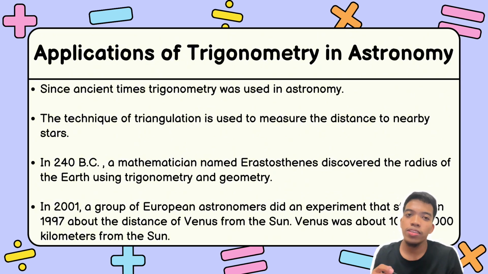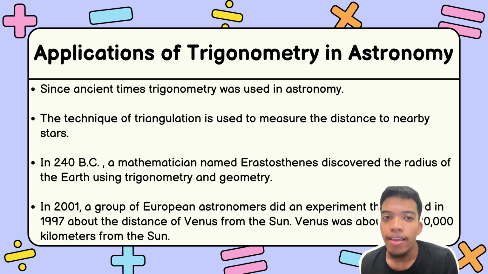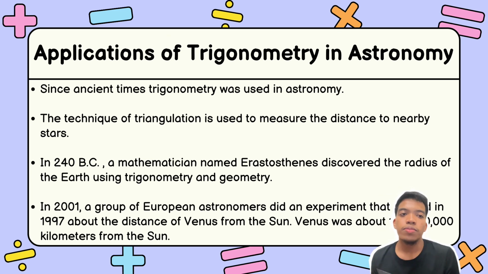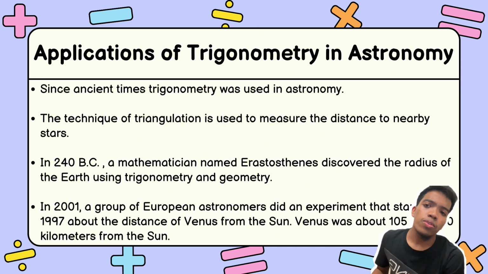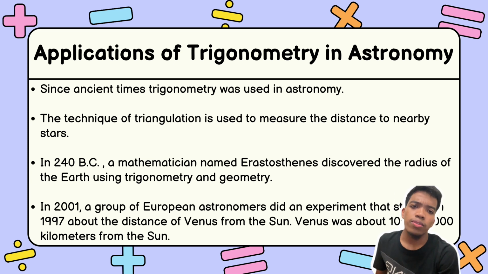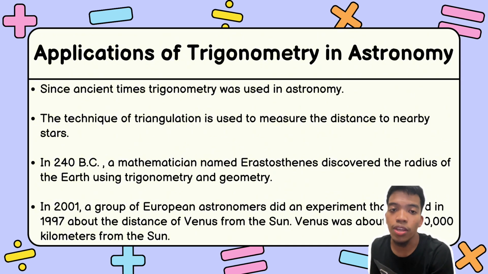Now I want to present about application of trigonometry in astronomy. Since ancient times, trigonometry was used in astronomy. The technique of triangulation is used to measure the distance to nearby stars. In 240 BC, a mathematician named Eratosthenes discovered the radius of the Earth using trigonometry and geometry.